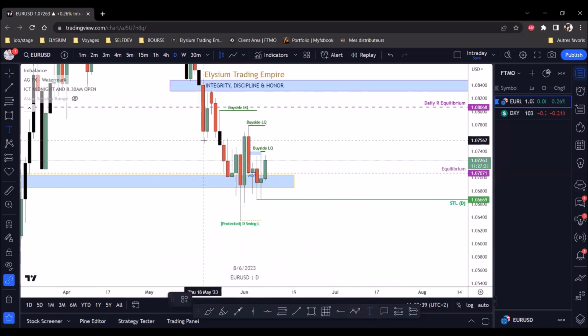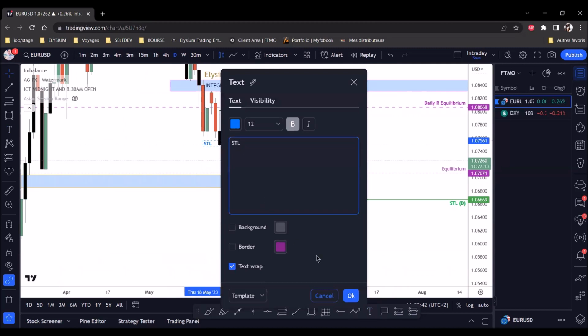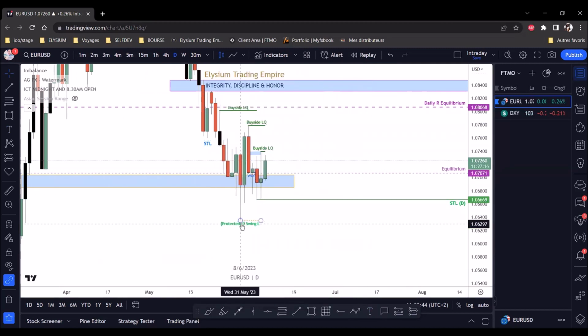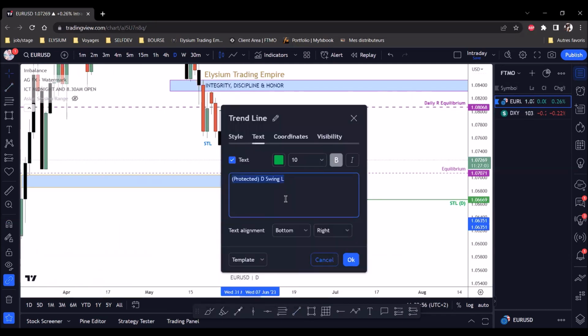Let's put it as short-term low. And you have this, which is a potential intermediate term low. That's why I said protected, but let's call it potential intermediate term low.